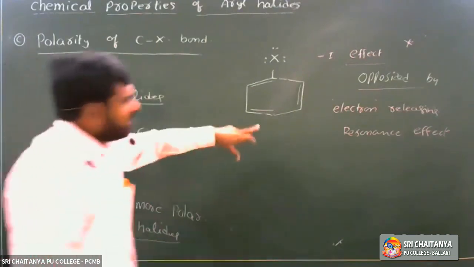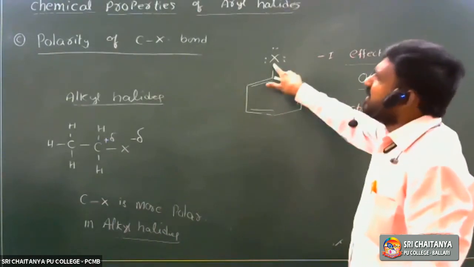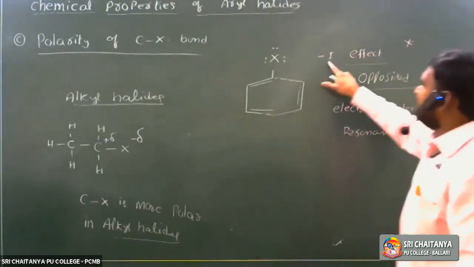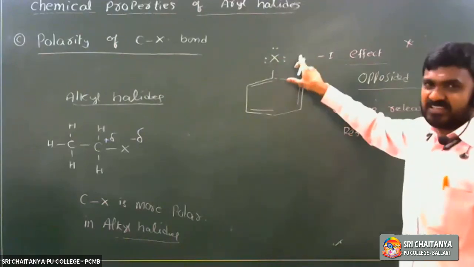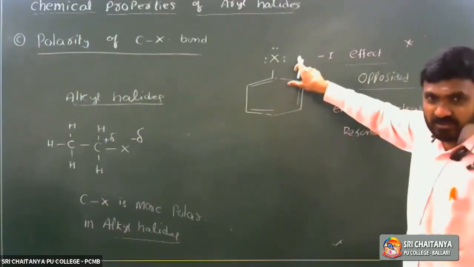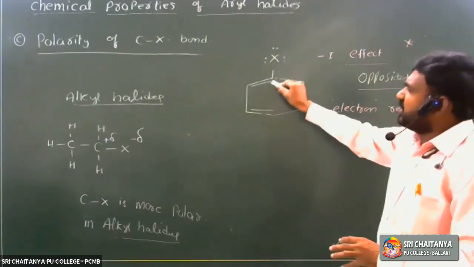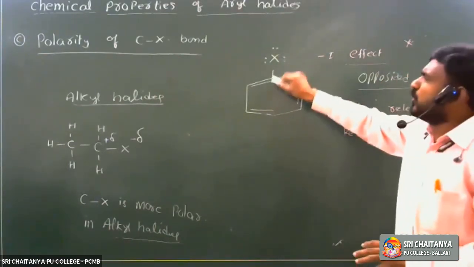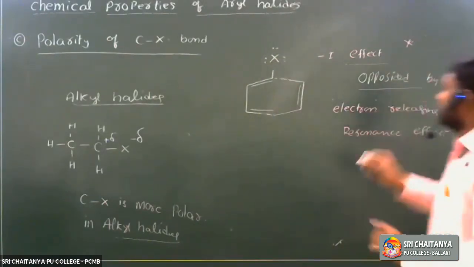Why are aryl halides less reactive? Here the C-X bond is less polar. The lower polarity is because this halogen atom has a minus I effect, an electron withdrawing minus inductive effect. These lone pairs of electrons are in conjugation with the pi electrons, so it also has an electron releasing resonance effect.